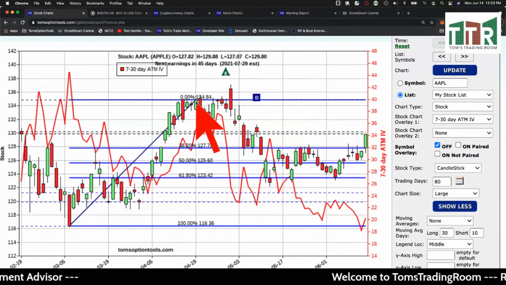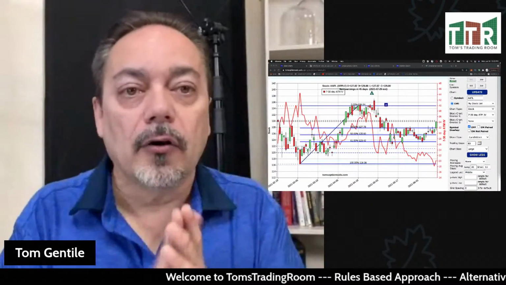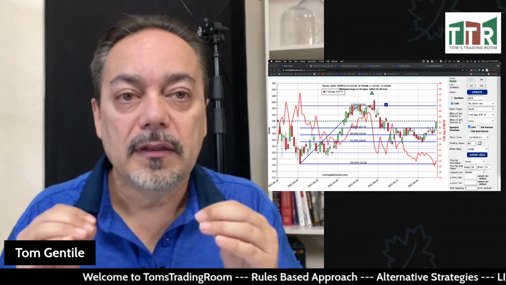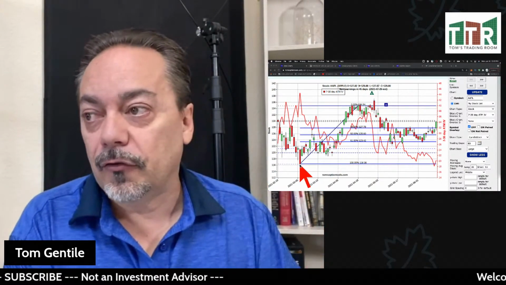What we do is we chart the closes, not the highs or lows, not the wicks of the candle. We chart the opens to the closes. When you look at this open down at the bottom, that begins the Fibonacci sequence. Open to close. The closing high is the high that we look at.